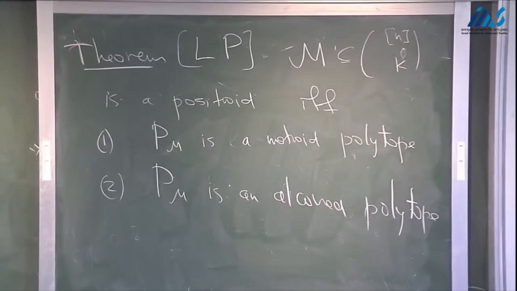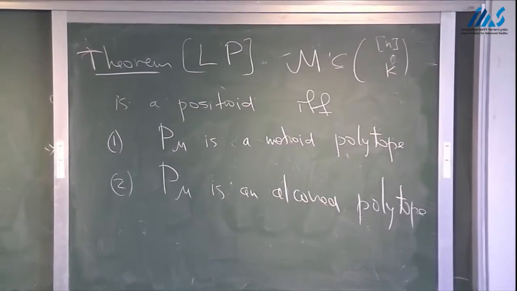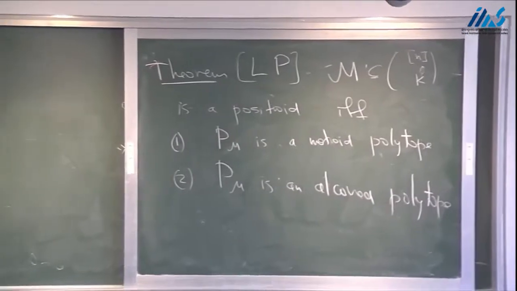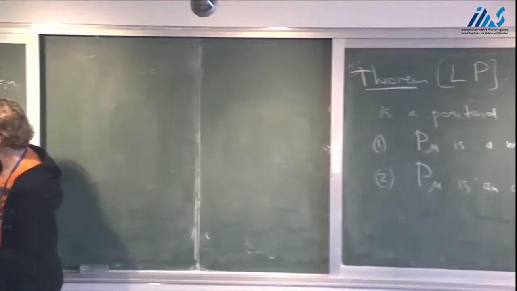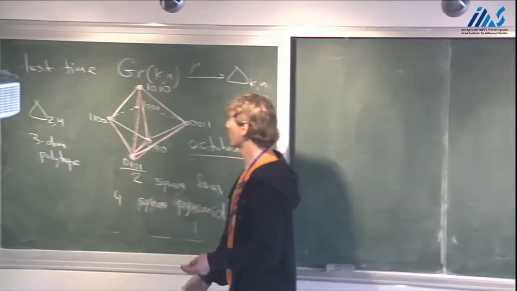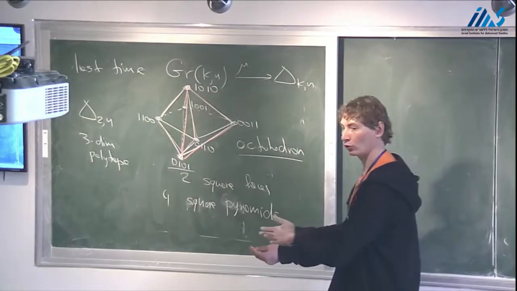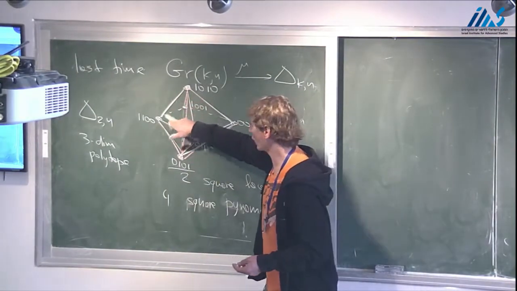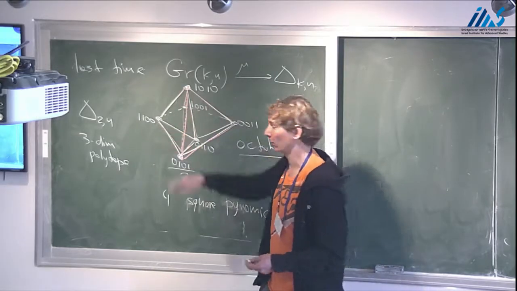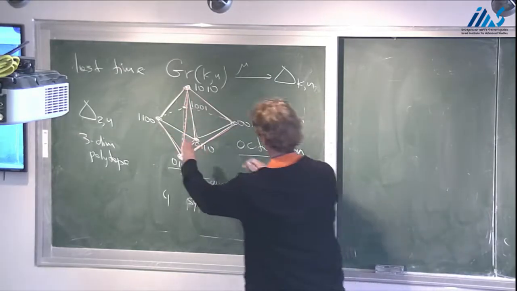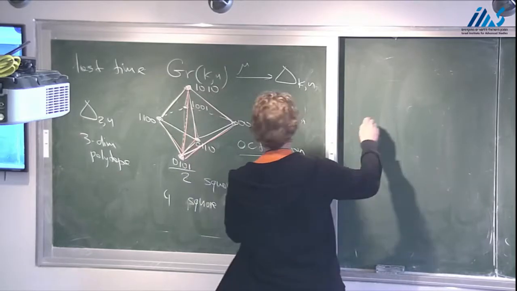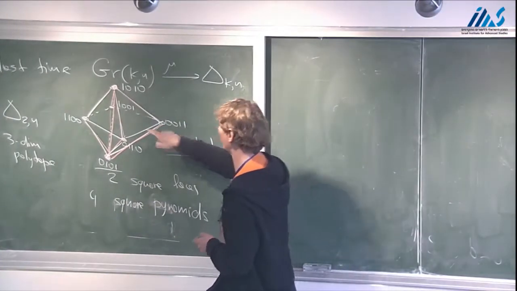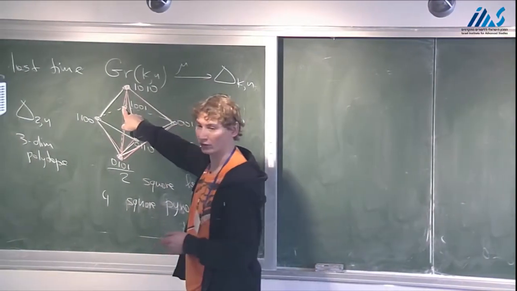Again, this alcove subdivision here, you just need to cut this octahedron by this plane that passes through this square and through this square, and you want to take some union of the alcoves so that all edges are already in this picture. So one example is, you can take everything except this vertex below.